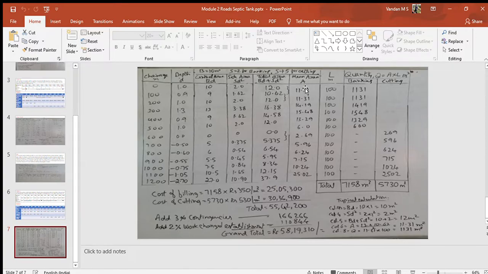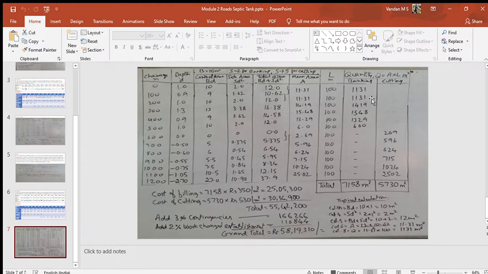Column 6 gives the mean area between the successive cross sections. Column 7 gives the peg interval, which is a constant quantity, L is equal to 100 meter. Column 8 gives the quantity of earthwork in banking, Q is equal to mean area into length.